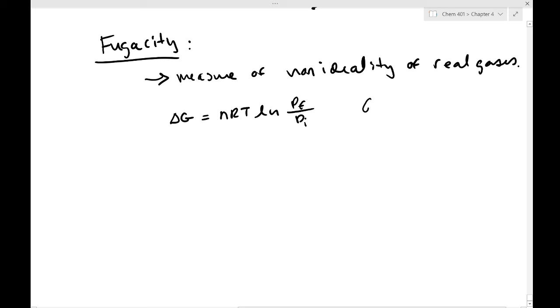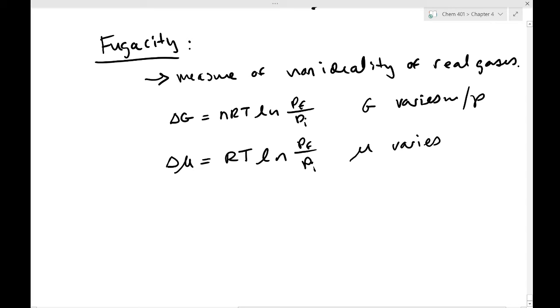So in this case, we say that G varies with P. Now I'm going to suggest that chemical potential also varies with P in a similar way. So I'm going to say that delta mu is equal to RT times the natural log of the final pressure over the initial pressure. So mu also varies with P in a very similar way.